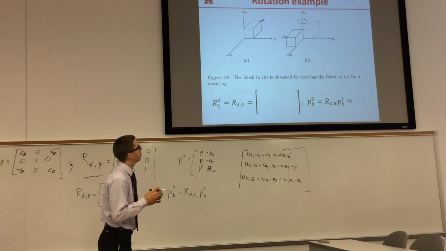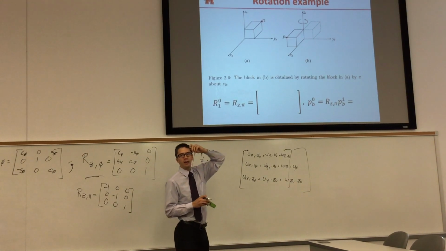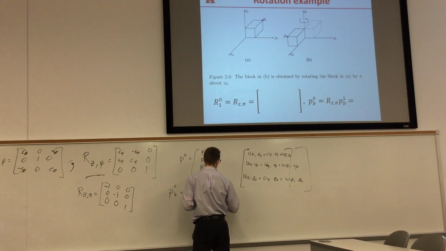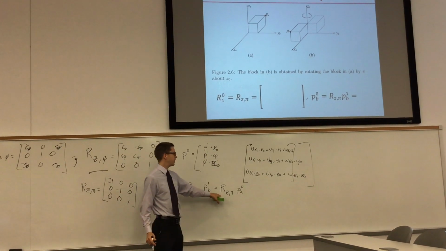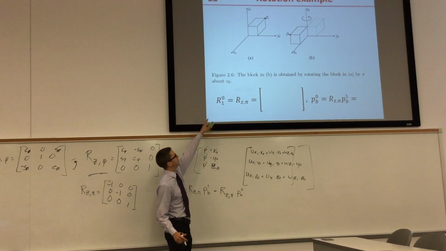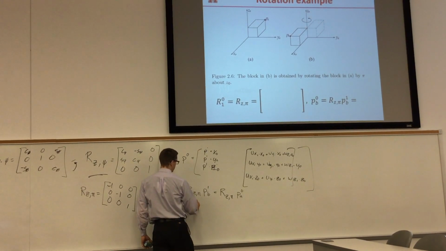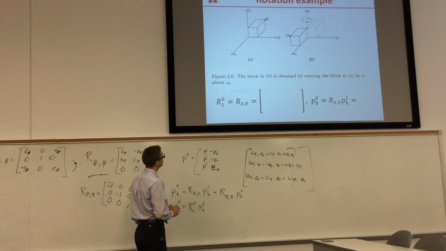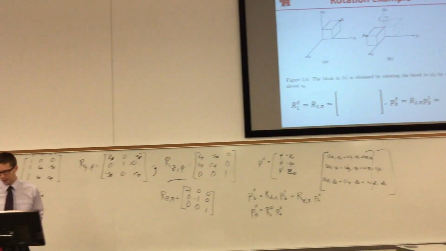And so PB in frame 1 is just going to be PA in frame 0. So this is equivalent to RZ pi times PA in frame 0. And so what is this RZ pi? Well, it's our rotation 1, 0, so we can write that as PB in 0 is equal to R 1, 0 times PA in 0. We've got our rotation applied here.